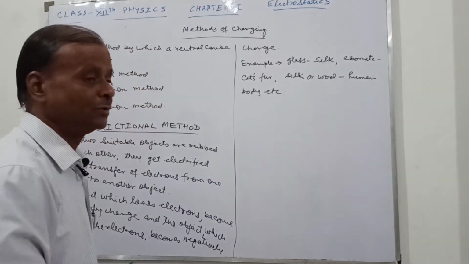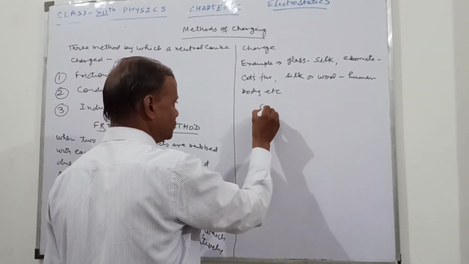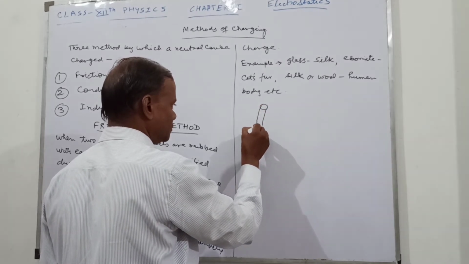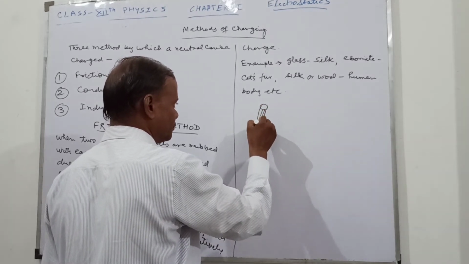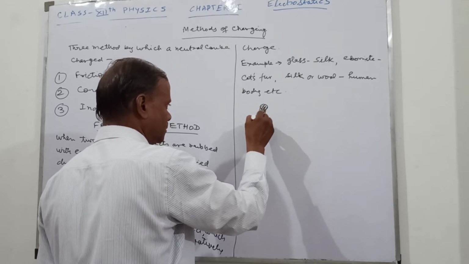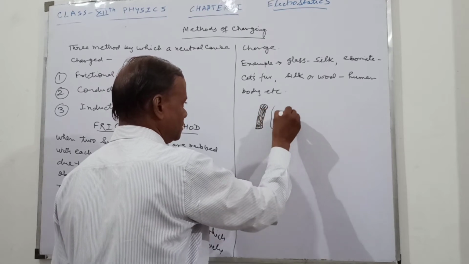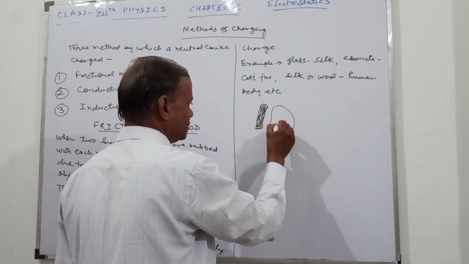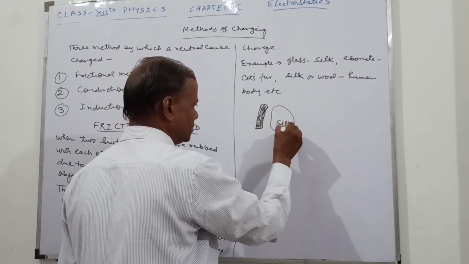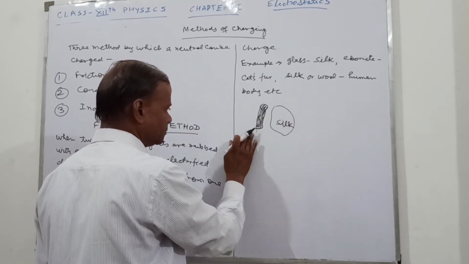Etc. So suppose this is the glass rod, and this is rubbed with this silk.